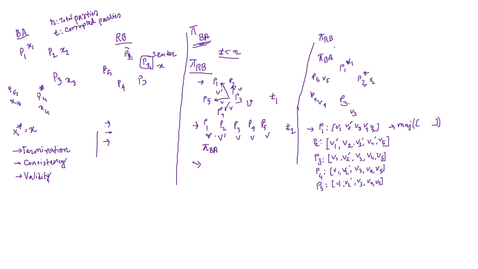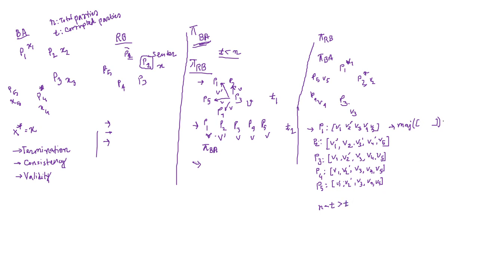And what about the validity? For validity, if at the starting of the BA protocol all the honest parties have the same input, then we should receive the same output. So in this majority voting, that particular output should be higher in number than corrupted outputs, right? That will be ensured only if at least n minus t honest parties are there, so the number of honest parties should be greater than the number of corrupted parties.